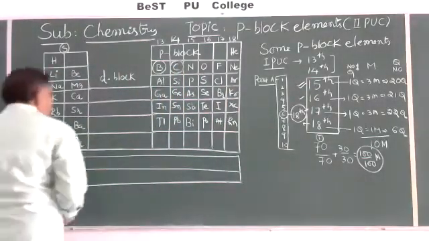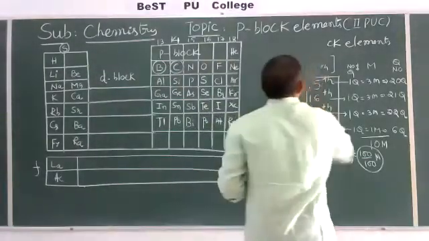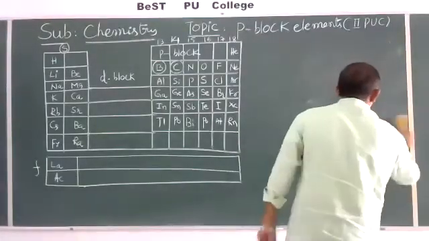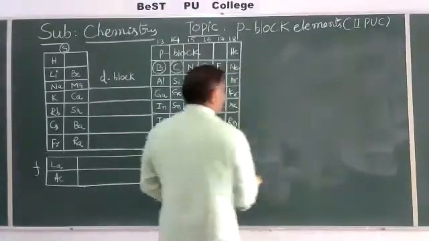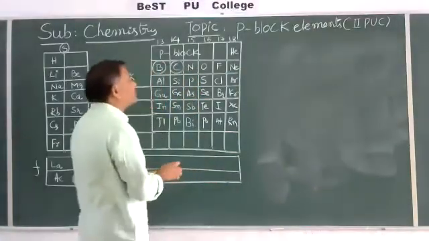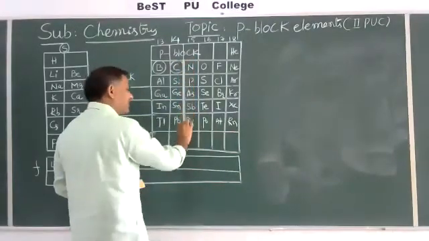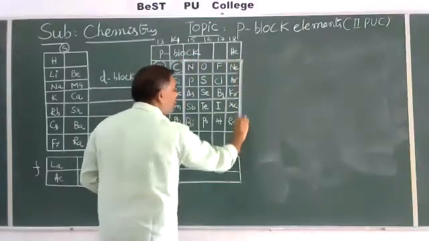Now in this 15th group elements, once we observe here the long form of the periodic table, this is second year concepts. These are the 4 important groups.